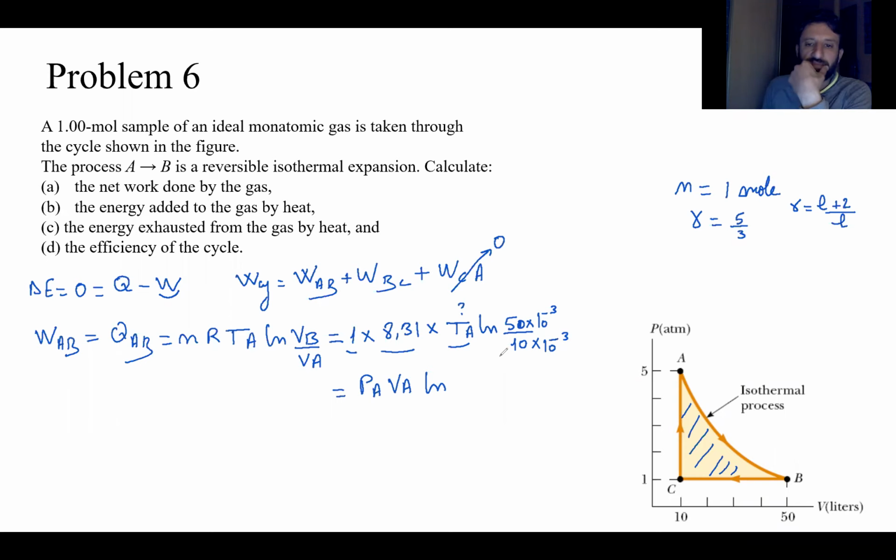Here you have 50 divided by 10, equals 5. So equals ln 5.